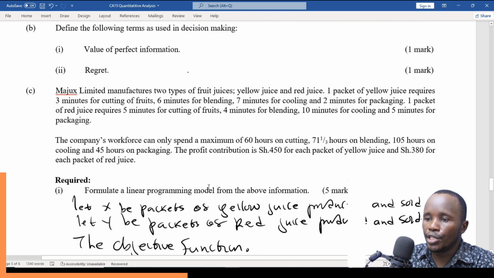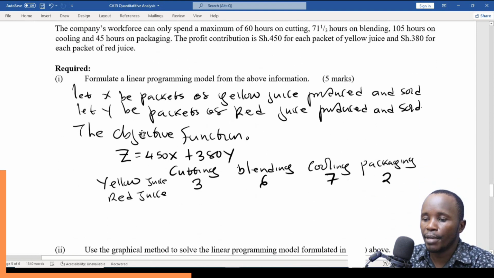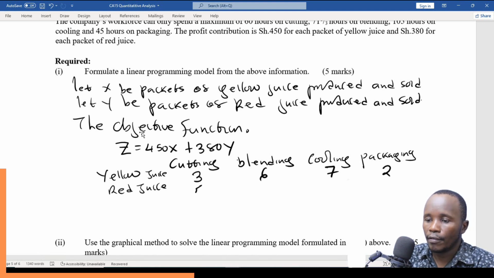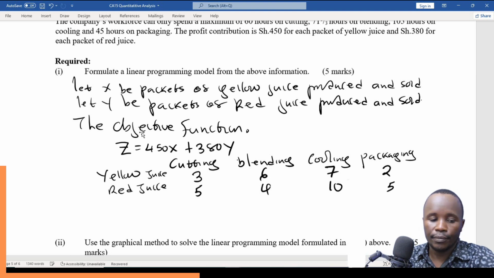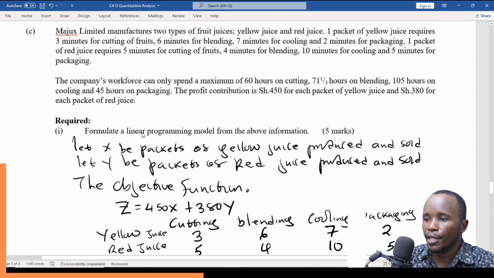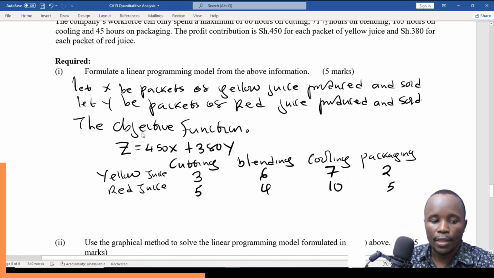Similarly, red juice requires 5 minutes cutting, 4 minutes blending, 10 minutes cooling, and 5 minutes packaging.